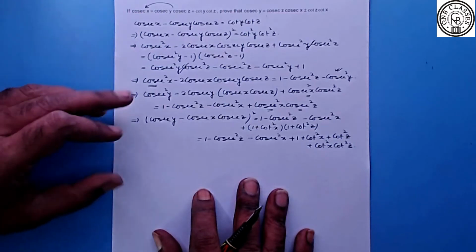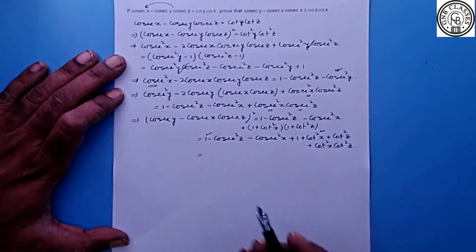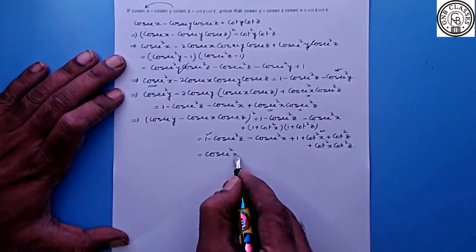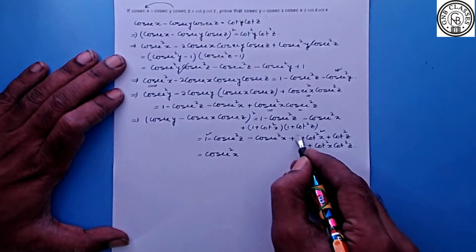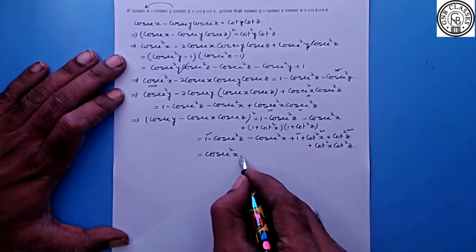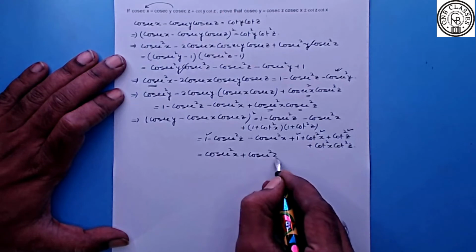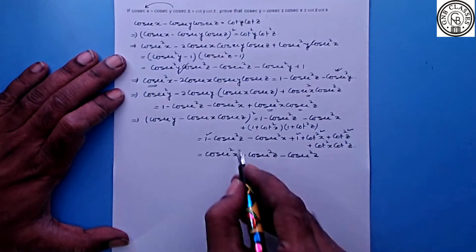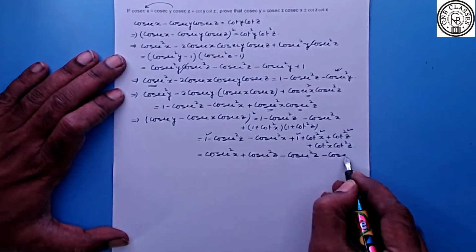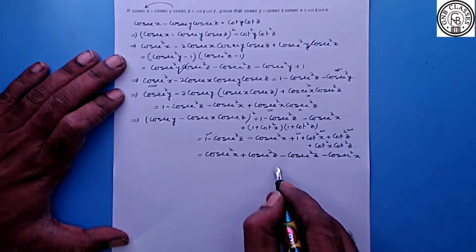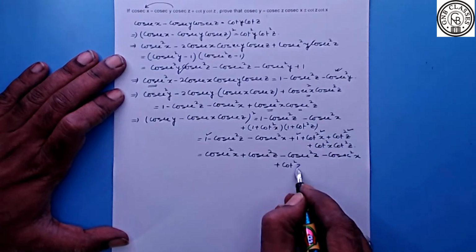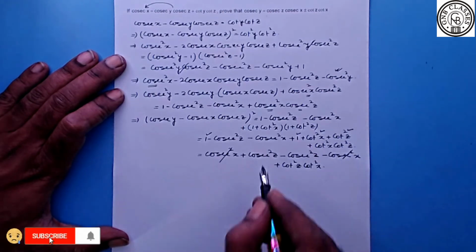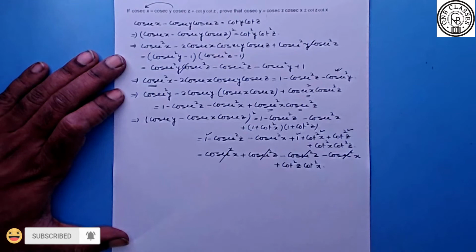Is it okay? Now, 1 plus cot square x can be written as cosec square x. One plus cot square z can be written as cosec square z minus cosec square z minus cosec square y, cosec square x plus cot square z, cot square x. Okay, cosec square x goes off, cosec square z goes off.